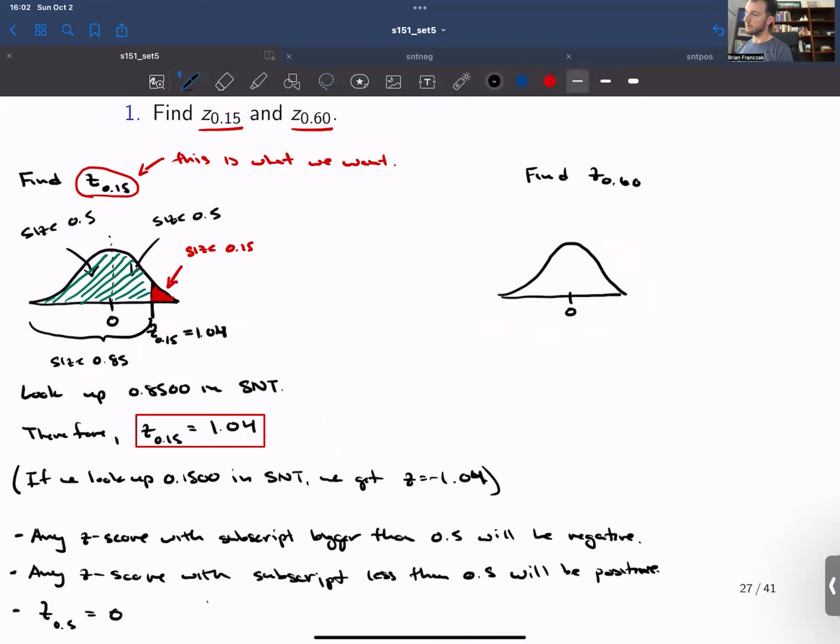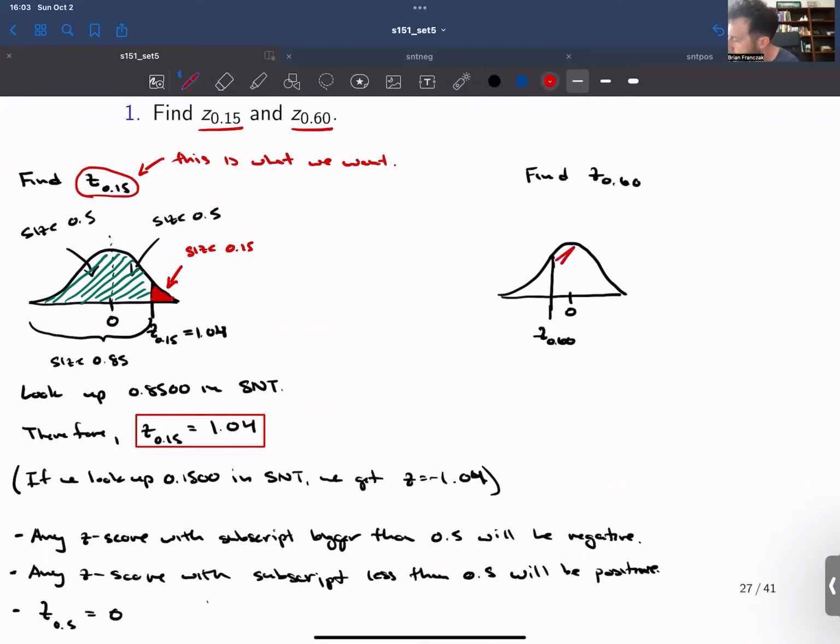In this case, we have 0.6 of the area to the right of the z-score. This means that we're looking for a negative valued z-score, so we're going to mark our z-score down on the negative side of the curve, left of 0.